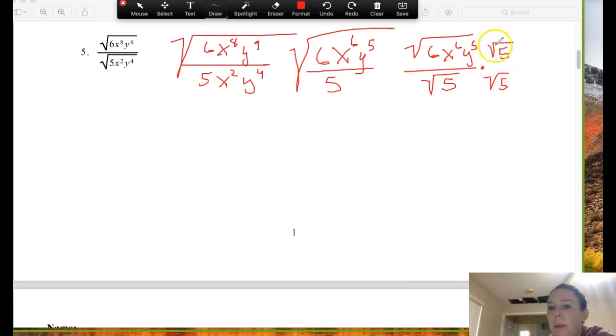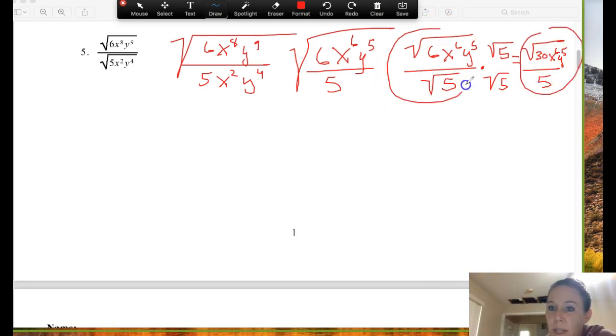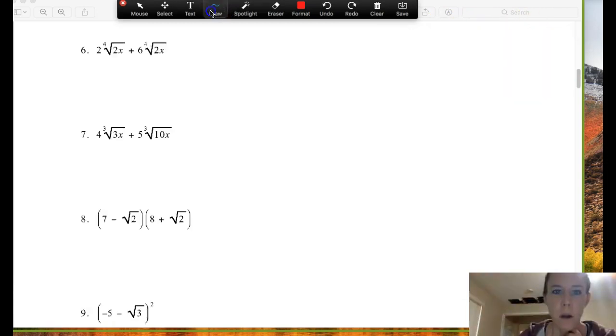That's like multiplying by 1. When I do this, I end up with the square root of root 5 times root 6 will be root 30, x to the 6th, y to the 5th, over root 5 times root 5 is just 5. And that would be your final solution. Don't leave it like this. Leave it like this.